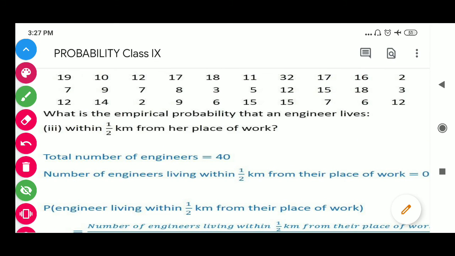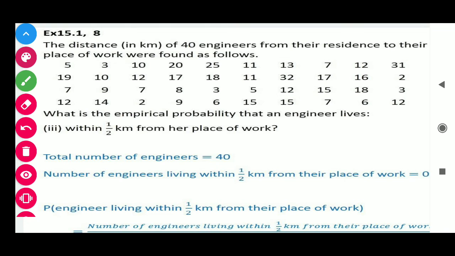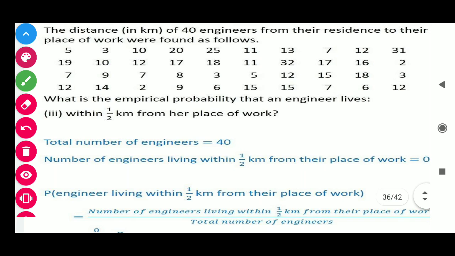We need to find what is the empirical probability that an engineer lives within half a kilometer from her place of work. So students, in this way you can see that there is no engineer who lives within 1/2 kilometer. You can observe from the above data.